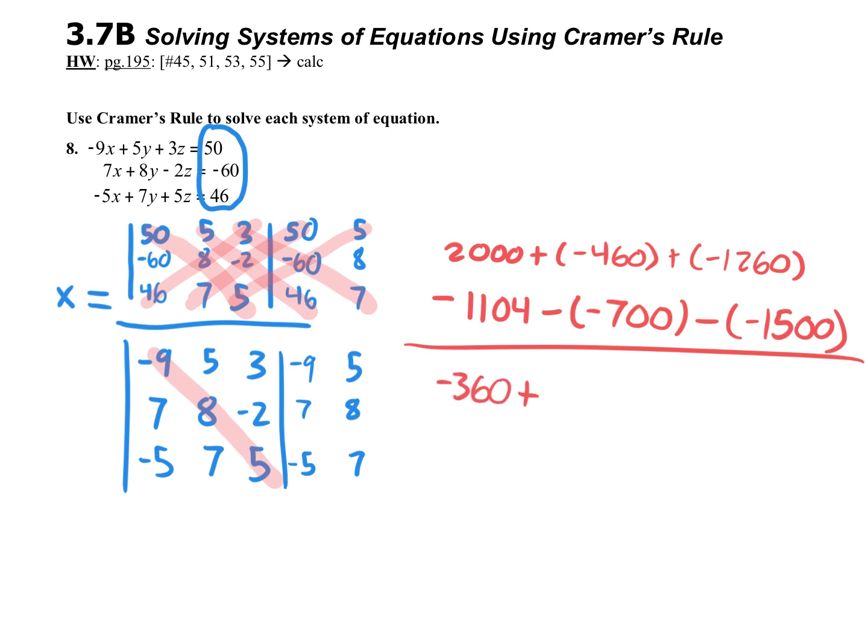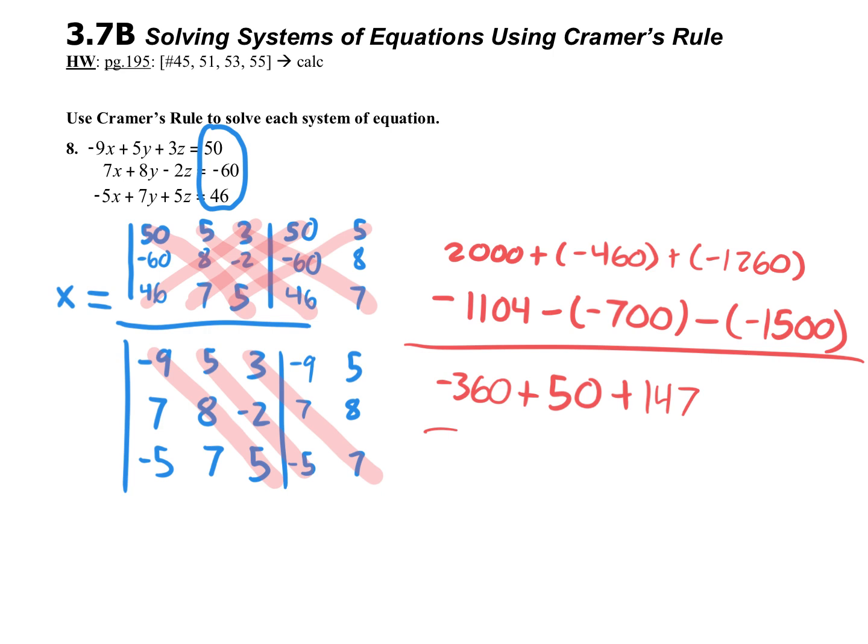And now we're going to add this product. All right, so that should be positive. Then 25 times 2 is 50. And then plus 49 times 3 is 147. And then minus.